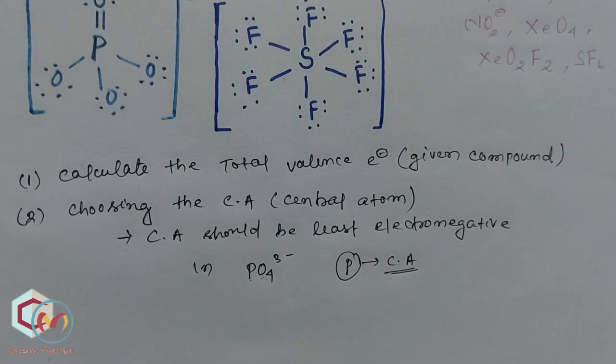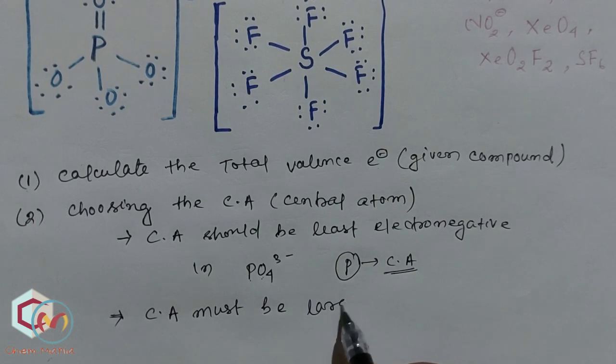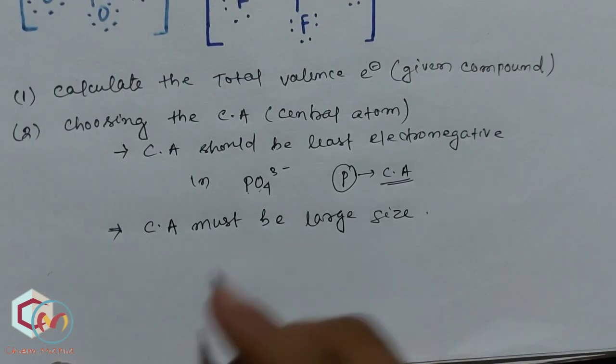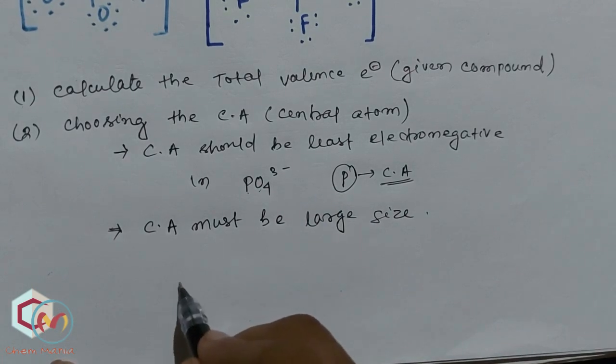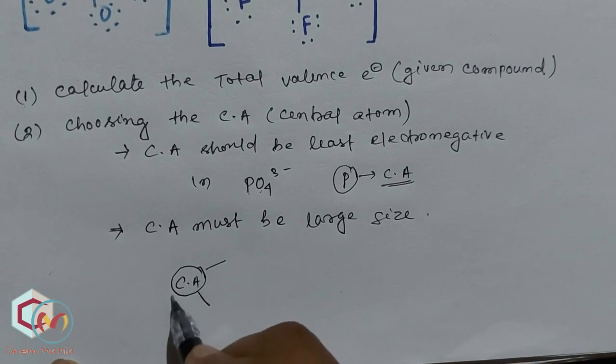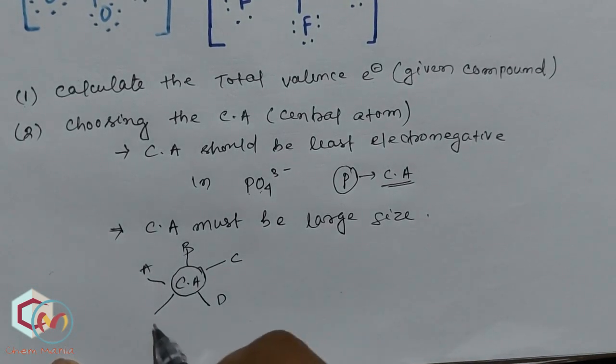The central atom must be large in size. Any compound consists of one central atom and around it there are other atoms.